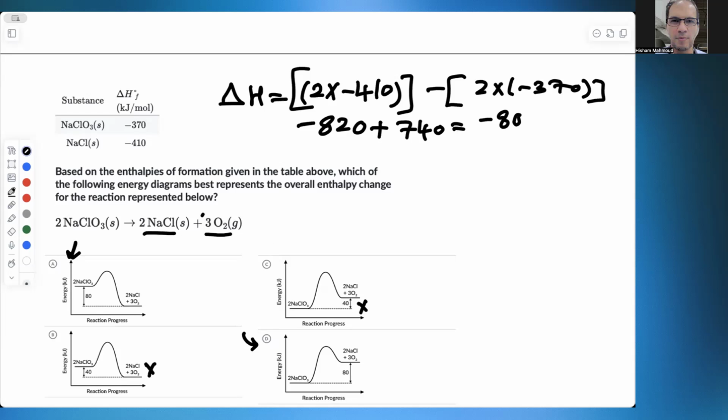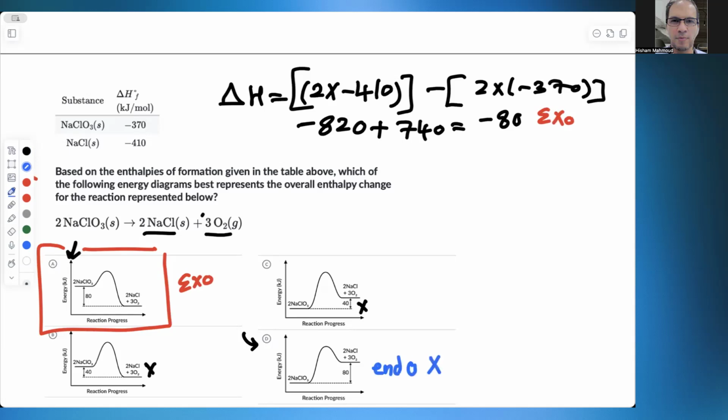And we are looking for an exothermic reaction, in which the products are less than the reactants because the energy has been lost. So that's why the answer is A. So this one is an exothermic reaction because it is negative, while the other is an endothermic reaction. The amount of heat in the products is more. So this is a wrong answer for sure.